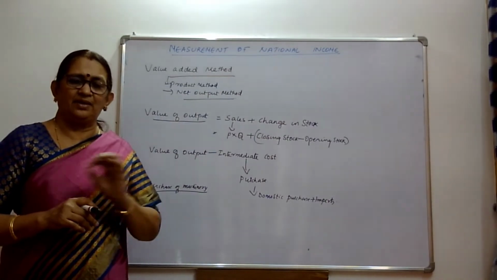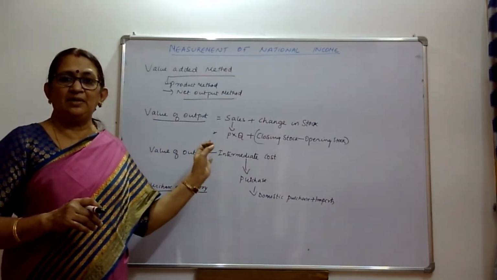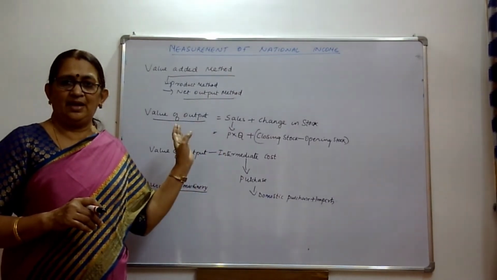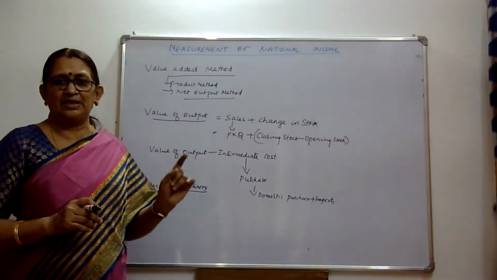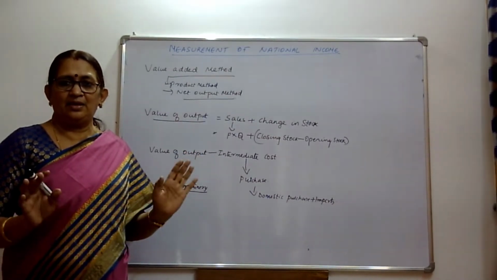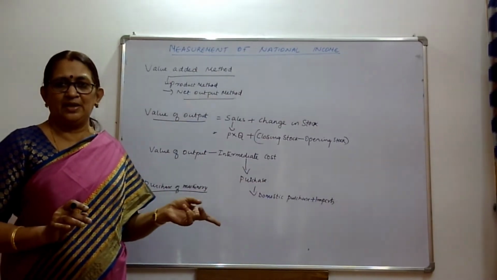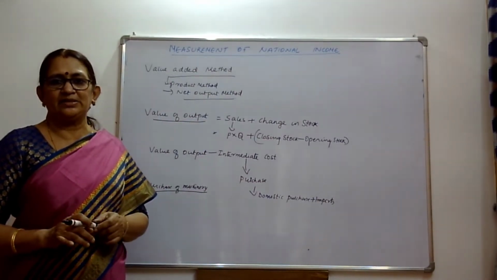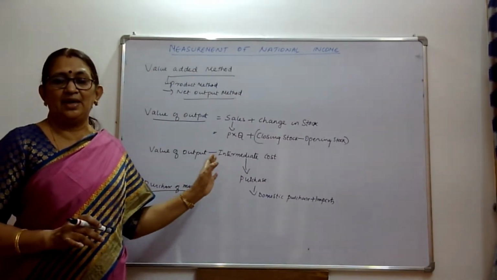We will never take the cost of the purchase of machinery, which is a capital asset, as intermediate cost. If the value of the purchase of machinery is given, never take it for the calculation of value added, because intermediate cost is the cost of raw materials, not the fixed capital asset.